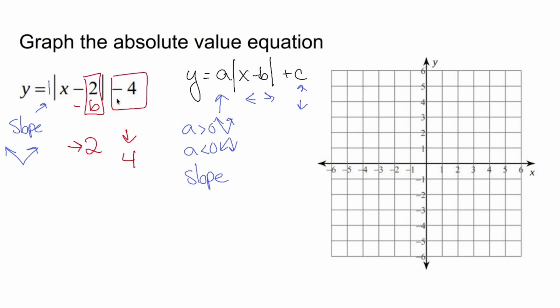That's my C. Okay, so I go right 2. I go down 4, and I put a dot. My slope is positive 1, so we're going to go up 1, right 1 a bunch of times, up 1, left 1 a bunch of times, and make as many dots as we can, like so.